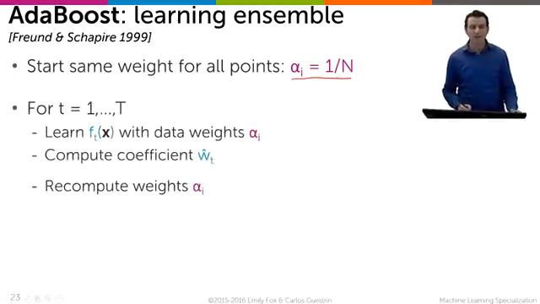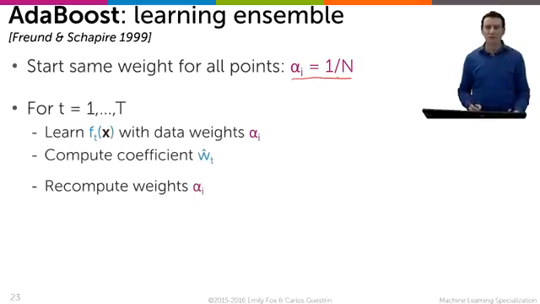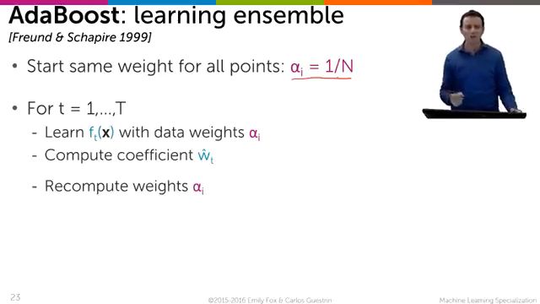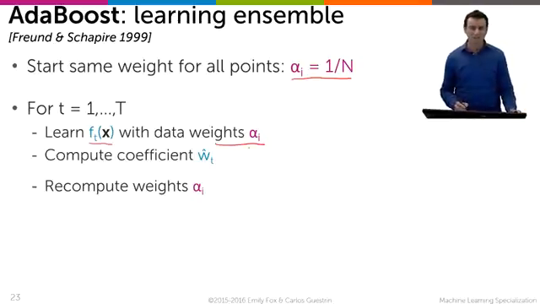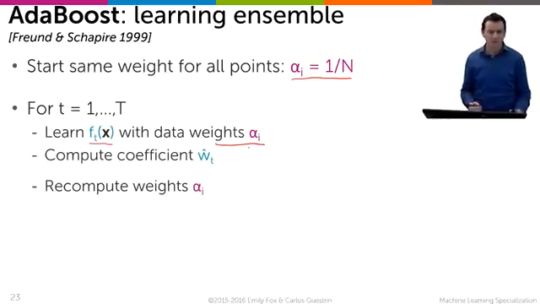Then for each iteration of AdaBoost, as you go to learn the first decision stump, or the first simple classifier, the first weak classifier, the second one, the third one, all the way to capital T, we learn f_t on data weighted by alpha i. The weights start at 1 over n, but they change over time.